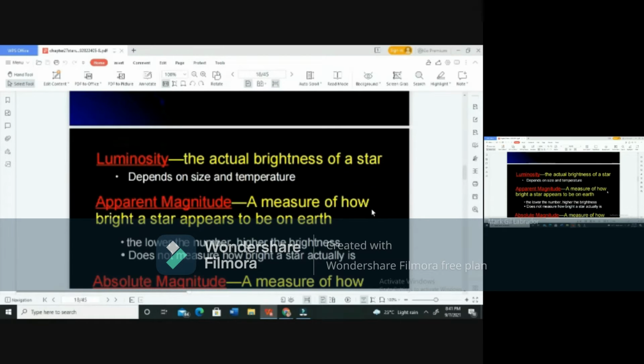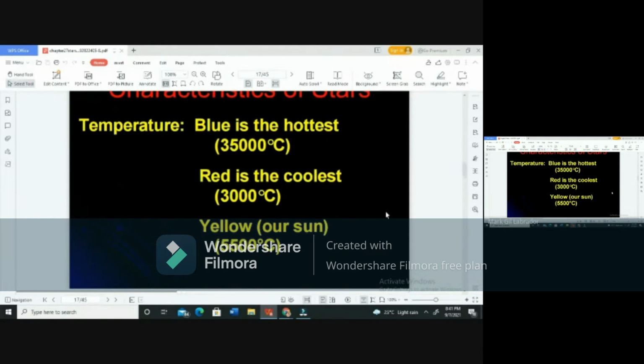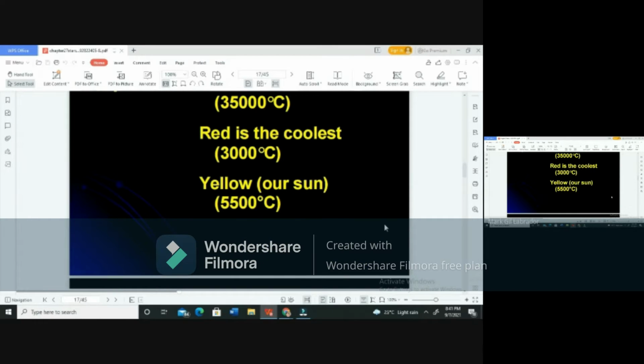Another characteristic is luminosity, the actual brightness of a star. The luminosity will depend on the sizes and temperature. Katulad kanina kay Sun, i-describe nyo yung kanyang degree Celsius, 5,500 degrees, so talagang mainit din.